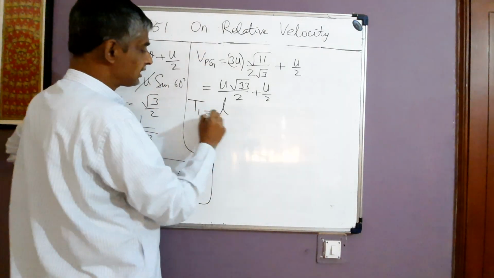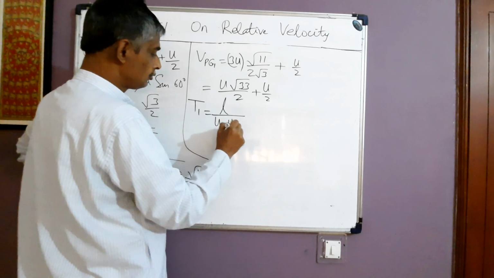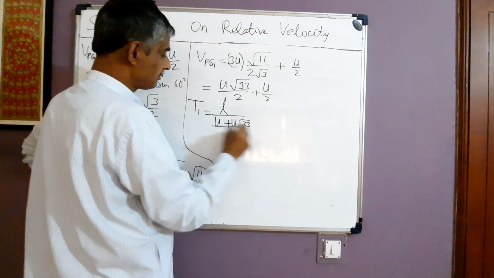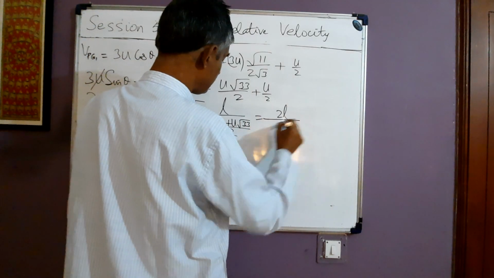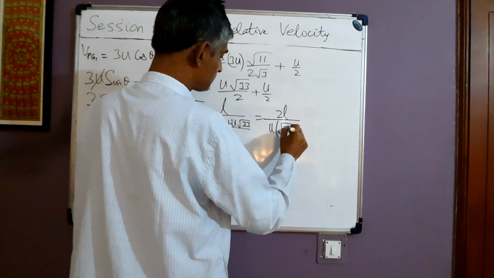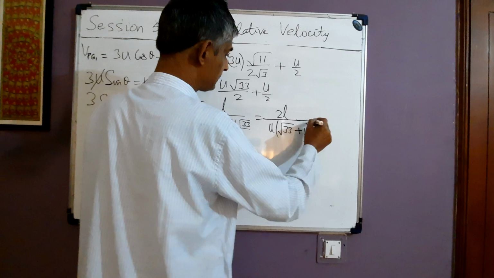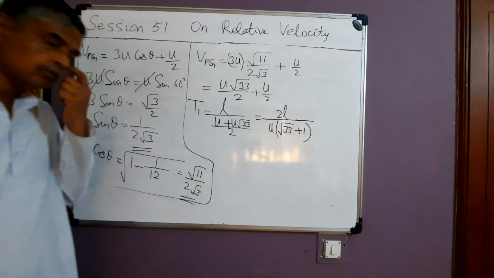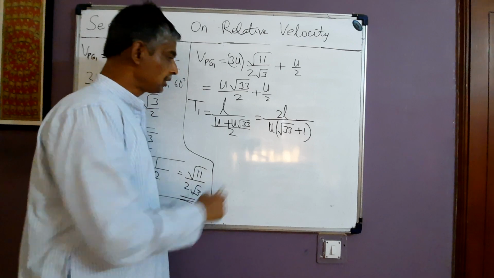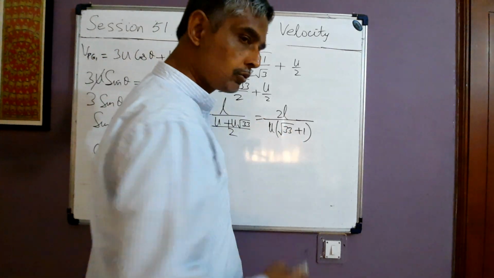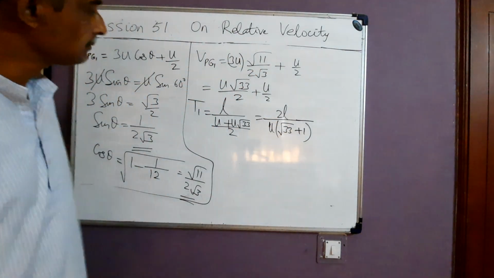T1 becomes L by Vpg1, so T1 is 2L by u times root 33 plus 1. This is the value of T1.